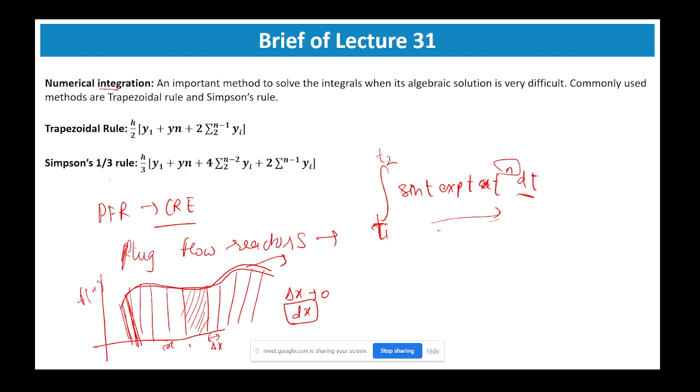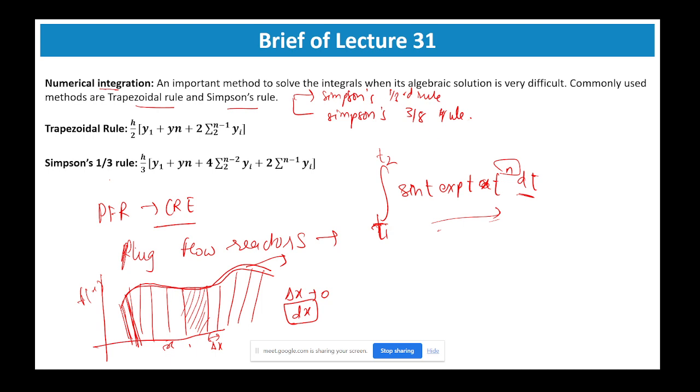You divide into smaller sections, find the area of each section, and add up. There are various well-developed methods. One is the trapezoidal rule and another is Simpson's rule. Simpson's rule also has Simpson's 1/3 rule and Simpson's 3/8 rule.